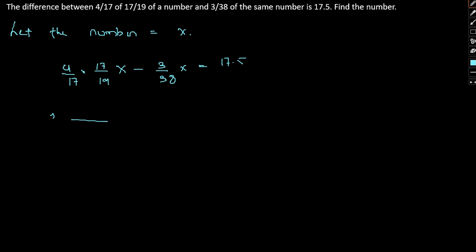This will be 34 plus 34, 68 by 17, 19 here, that is 340 minus 17, so 323 x minus 3 by 38x. This can be written as 175 by 10. Okay, this can be written as 175 by 10. So if we talk about the LCM of the same, so what we can have is 38.